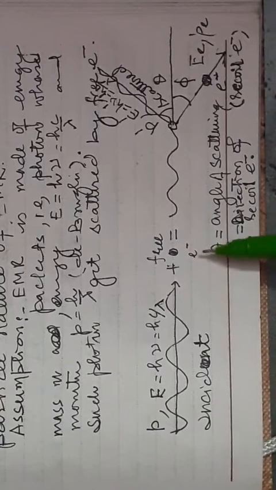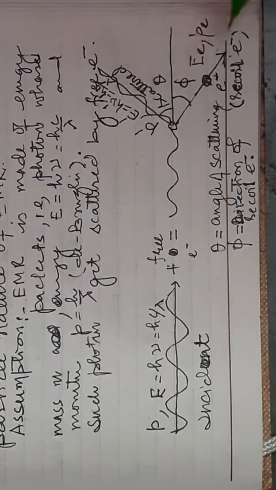This electron is free, and this is the scattered radiation having the momentum p dash and the energy E dash at the angle theta, that is angle of scattering. The electron gets recoiled in the direction of phi, having the energy E_e and p_e, where theta is the angle of scattering and phi is the direction of recoil electron.